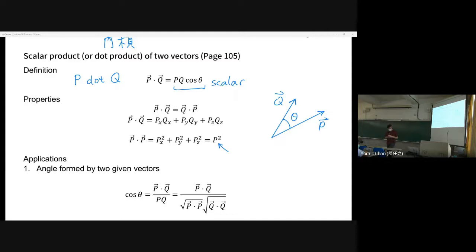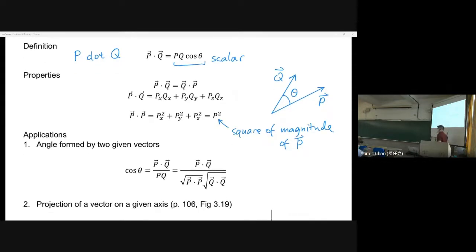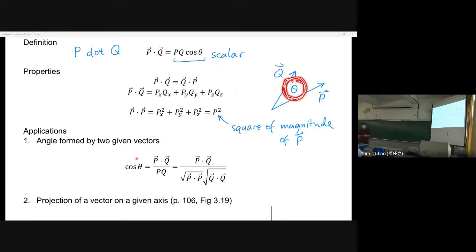The square of magnitude of P. From here we have some uses for the product. The first one is how to determine the angle theta between two vectors in 3D.